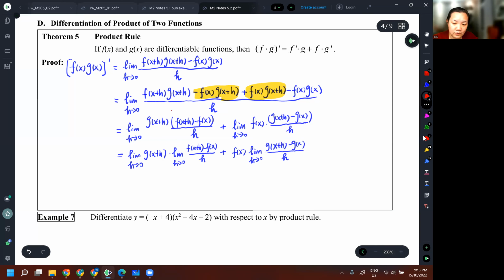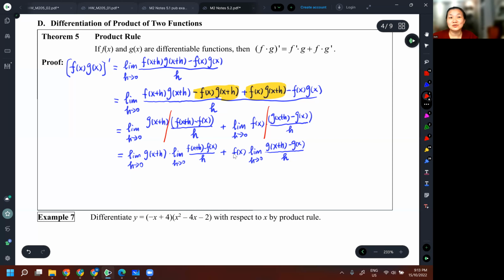Now it's just 1, 2, 3, 4 parts, do you see? Now, this part, g, so limit g. This part, the whole thing, the fraction, so limit the fraction. This part, f, take it out because it doesn't have h, so I take it out.